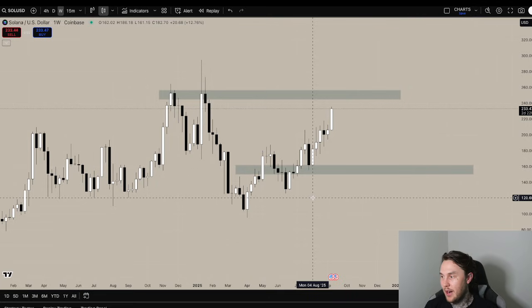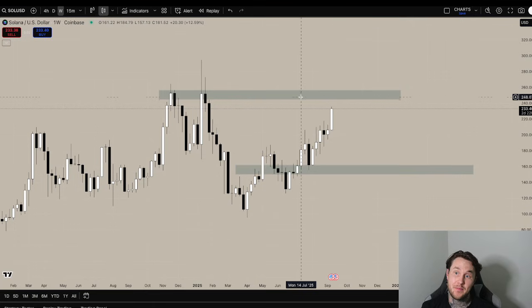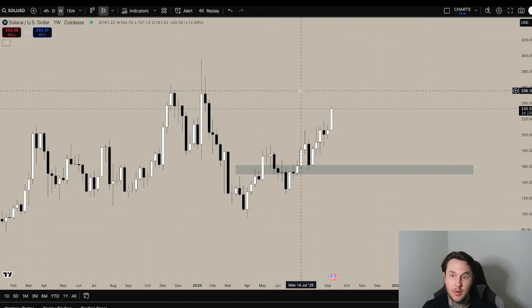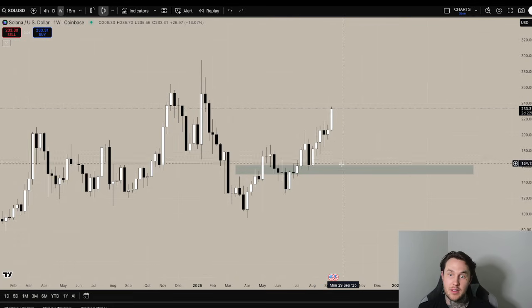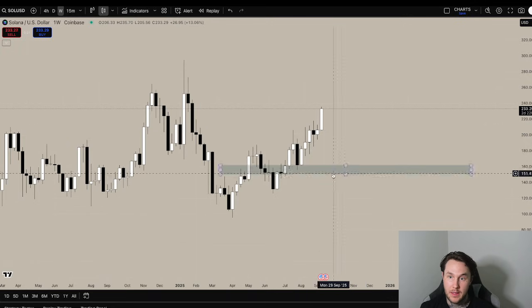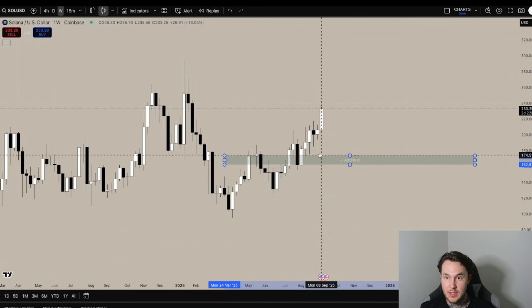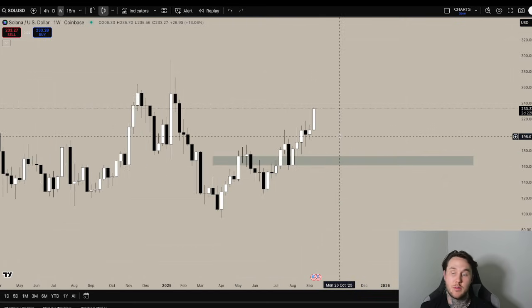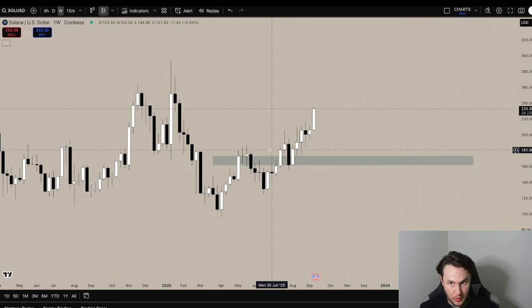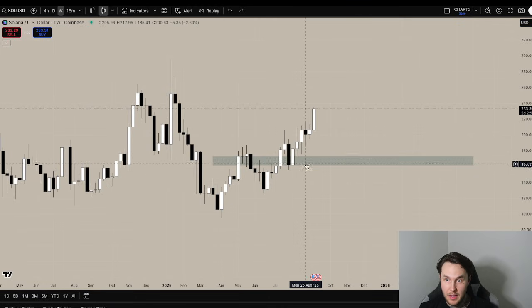Now, how do we trade support and resistance? That is the question. Like I just went through, buy support, sell resistance. But how does it allow us to manage risk? If we were looking at trading this, which is now resistance and has come back as support, what we would do is wait for price to come back, close, and then come back down.